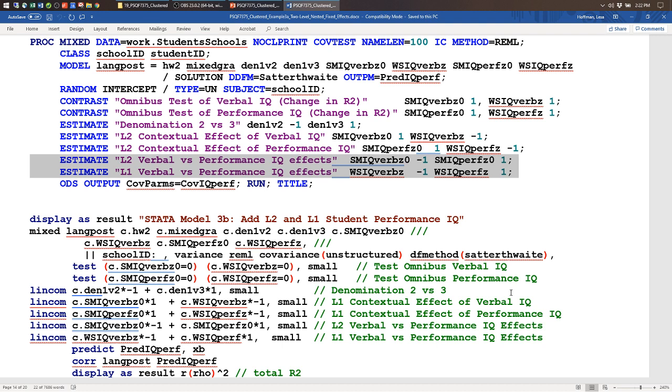So I'm asking for a comparison of whether the effect of school verbal IQ is different than the effect of school performance IQ, and doing the same thing at level 1. So just as an example of something you might be interested in, if you have predictors that are on the same scale, you can ask for comparisons of their effects as well as other types of linear combinations.